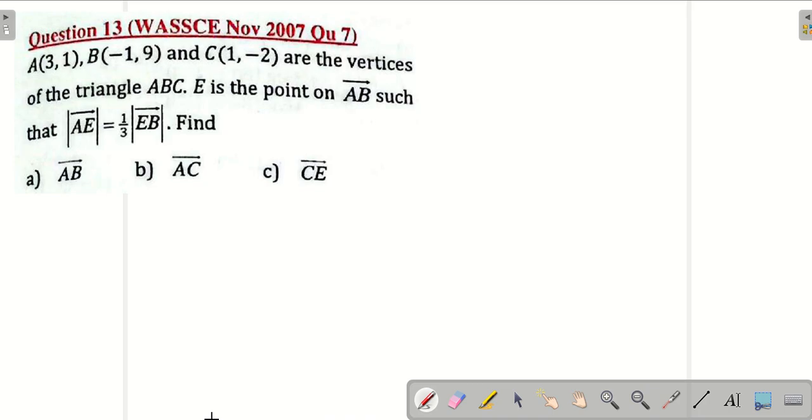E is the point on AB such that the magnitude of vector AE is equal to 1/3 the magnitude of vector EB. Find AB, AC, and CE. Can you solve this?